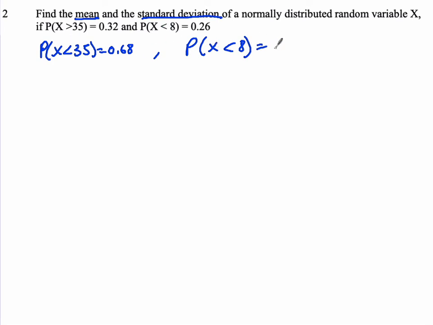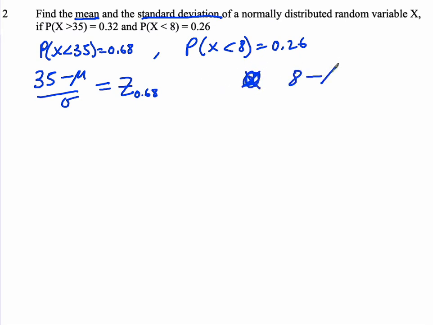Okay, we need these both to be less than. Okay, so now we use the formula like we did before. We take the x value minus mu over sigma equals the z-score associated with the probability of 0.68. And here the x value is 8. 8 minus mu over sigma equals the z-score that gives me a probability of 0.26.